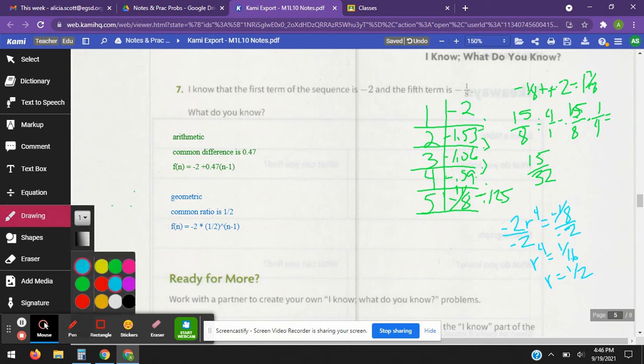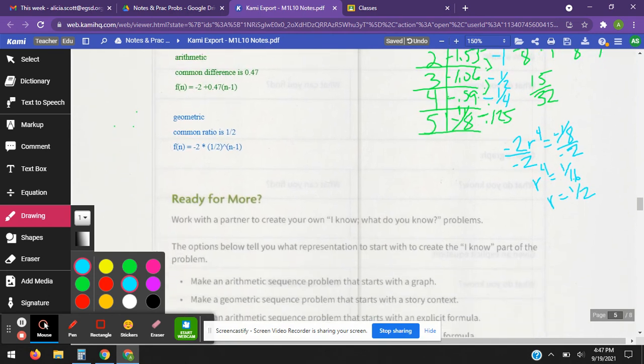All right, but if we did the blue and said it's times a half, well, what's half of -2? -1. What's half of -1? -1/2. What's half of -1/2? -1/4. And what's half of -1/4? -1/8. So you really could have 2 different answers on this one. We can't actually solve it for the final.